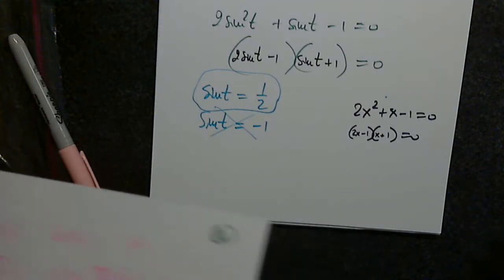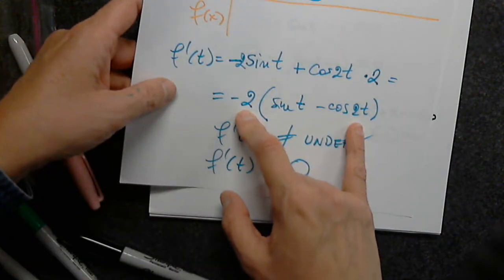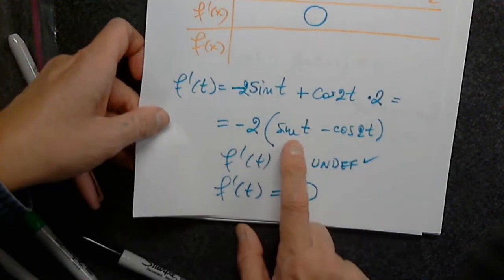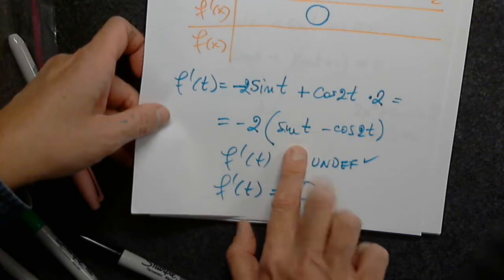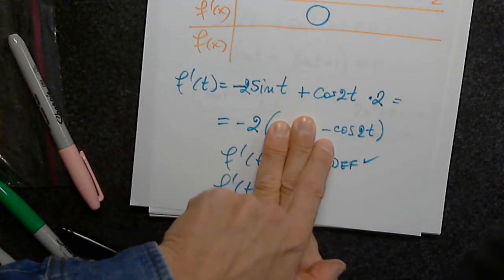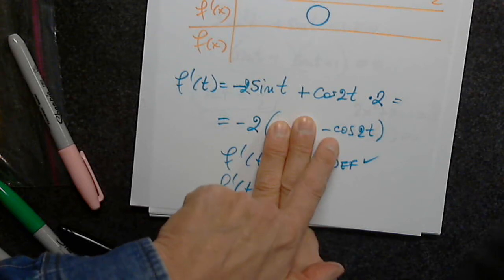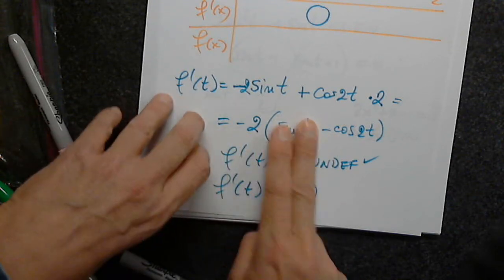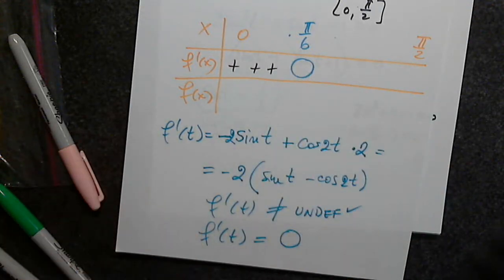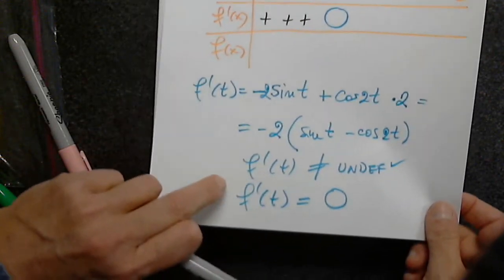Now I have to study the sign of this. Let's plug in 0. Sine 0 is 0. Cosine 0 is 1, times -1. -1 times -2. Very good. Let's plug in pi over 2.